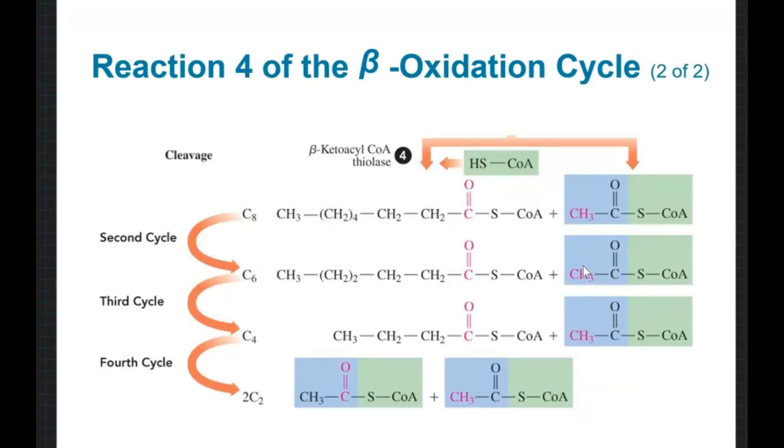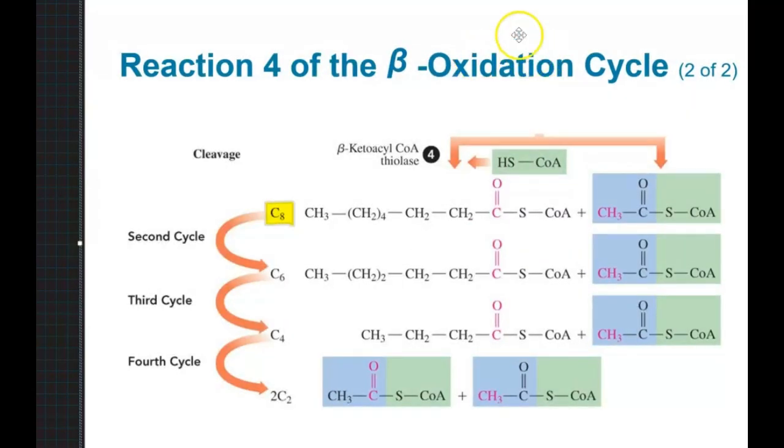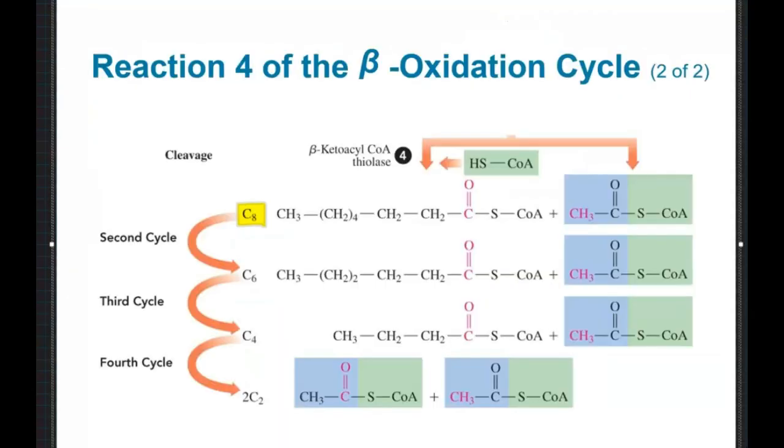So this is your first molecule. It has 8 carbons, right? You chip off 2. You end up with 6, then 4, then 2. And at each step, you generate acetyl-CoA, which can then enter the Krebs cycle and be further oxidized.